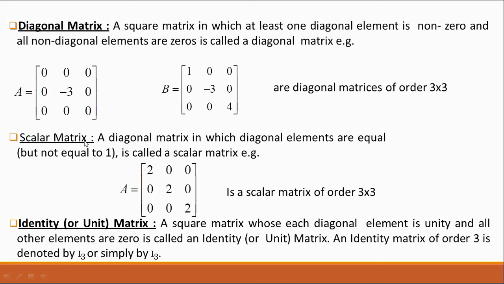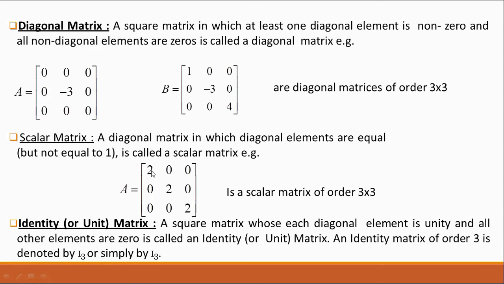Now a scalar matrix. A scalar matrix is actually a diagonal matrix, but in which the diagonal elements are equal but not equal to 1.